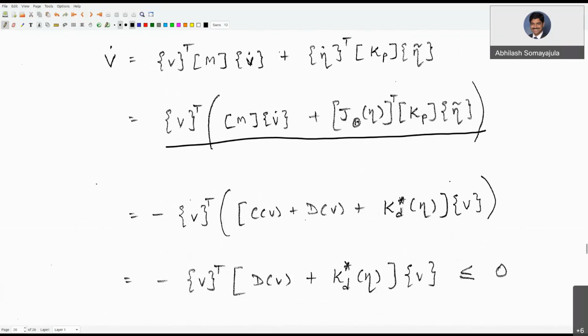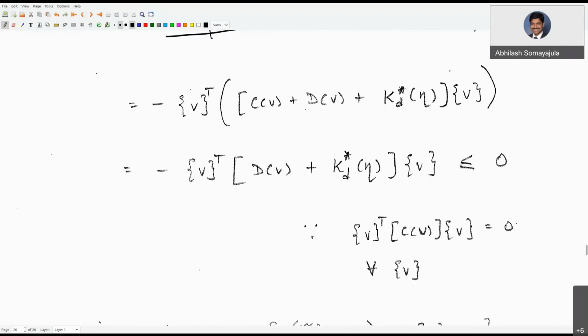It becomes minus V transpose times some matrix times V. Since our damping is positive in the system, we can assume that minus V transpose times D plus KD star times V must be less than or equal to 0. Notice here that the Coriolis term does not contribute anything because the Coriolis matrix is skew-symmetric, and we have shown that the quadratic product for that will be precisely equal to 0.